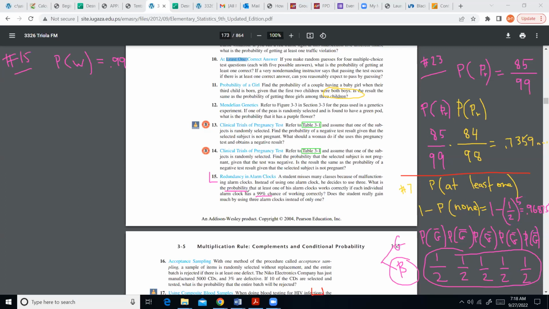Look at their question. Same thing again. What is the probability that at least 1 works correctly? So if somebody wants to wake up, the probability to wake up will be at least 1 works. Well, at least 1 works. Somebody wakes up. 1 works, 2 work, or 3 work.